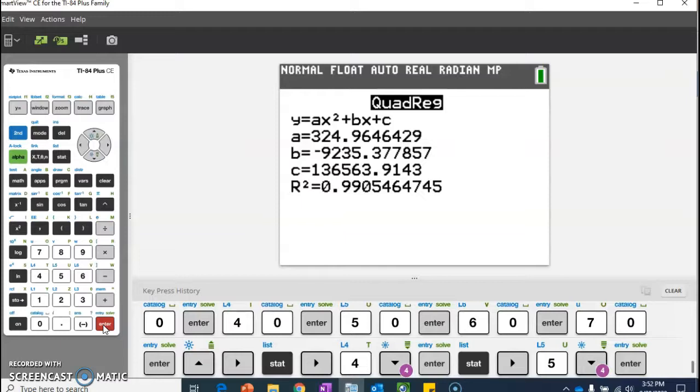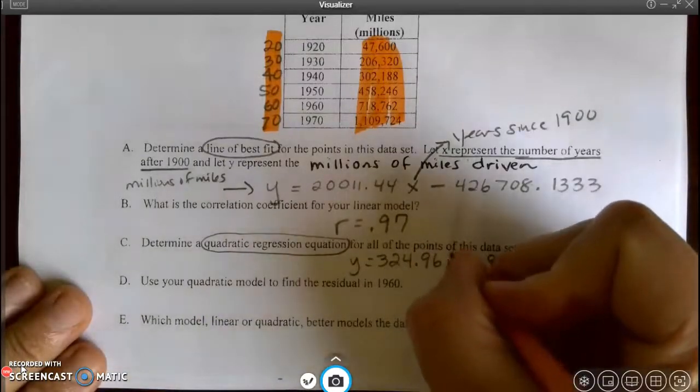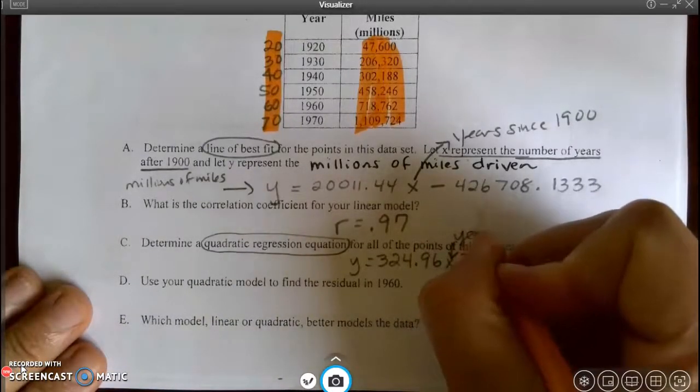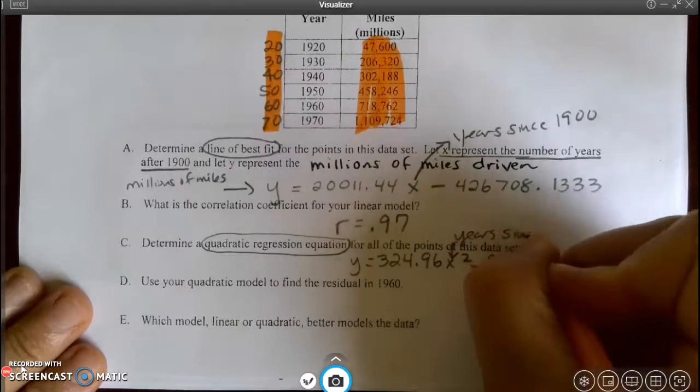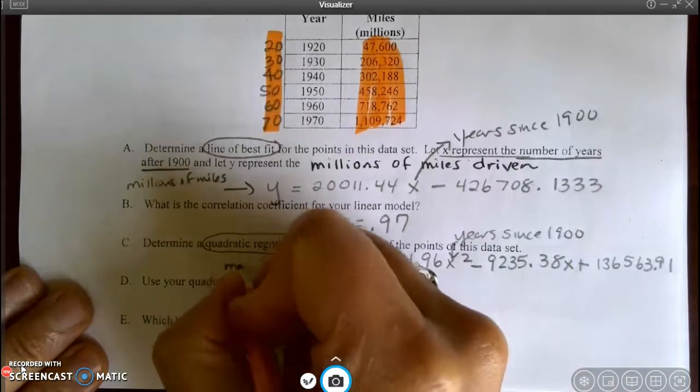That's going to be my quadratic regression model. So here's my quadratic regression model. Still x is years since 1900, and y is millions of miles.